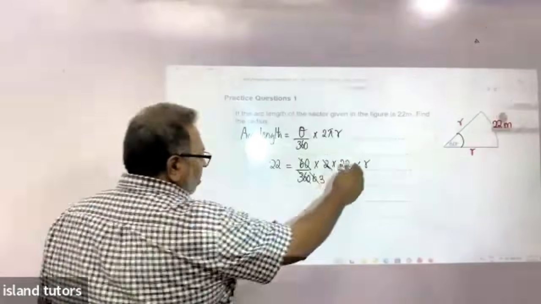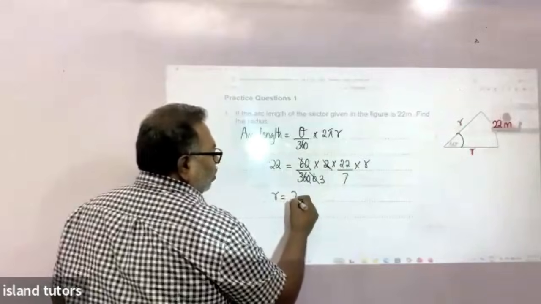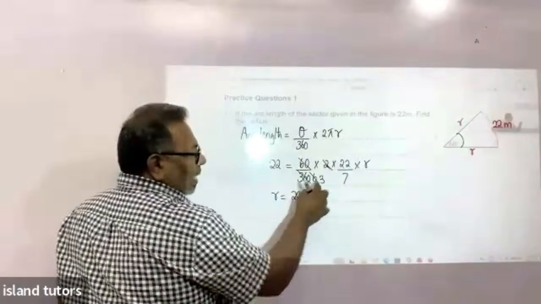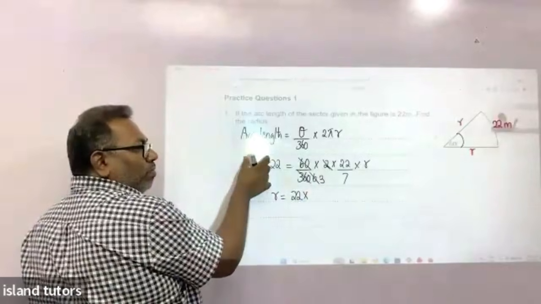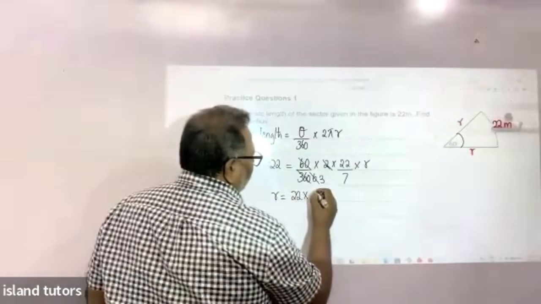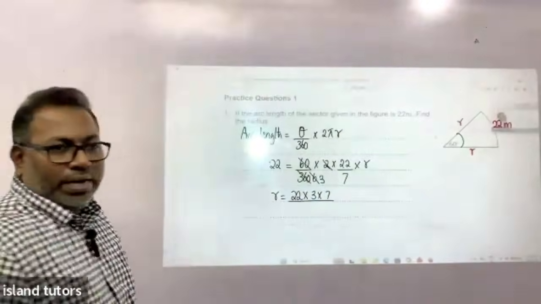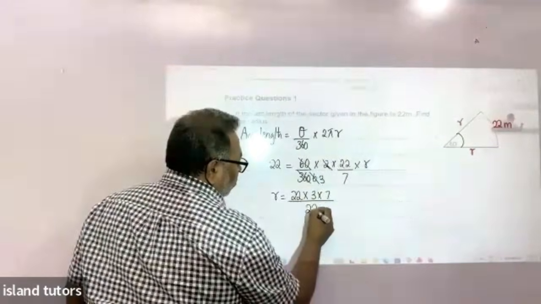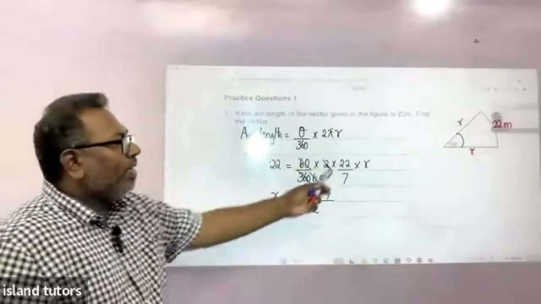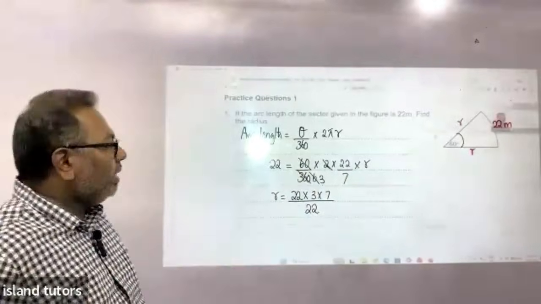So r is equal to 22 multiplied by the denominator, the values in the denominator come to the numerator, so into 3 into 7, divided by 22. 22, when it comes to this side of the equal sign, goes to the denominator.